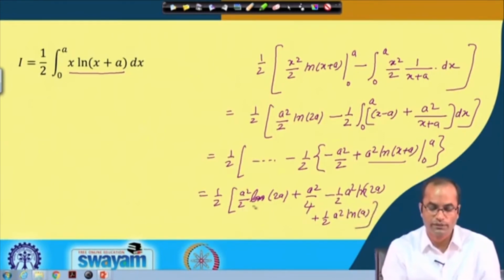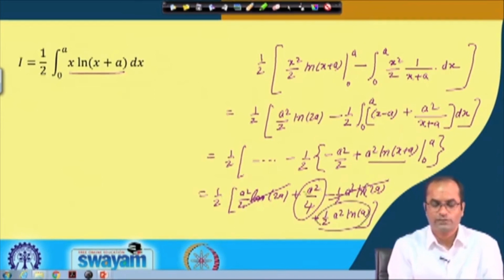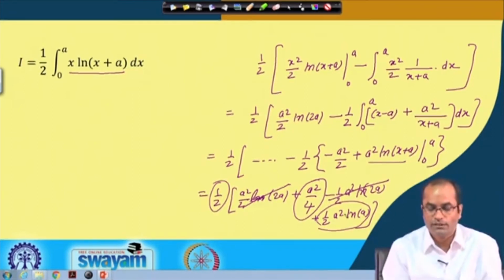So, this a squared by 2 ln 2a will get cancelled, and we will have this term a squared by 4 and a squared by 2 here. So, a squared by 4 we can take common. So, this will become a squared by 8, and we will have 1 plus 2 times ln a, that will be the answer.